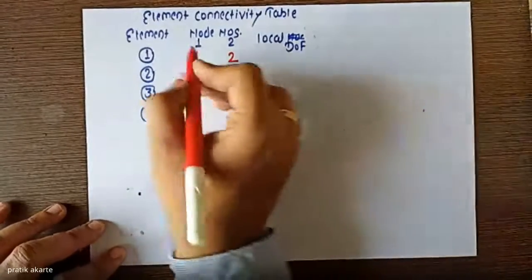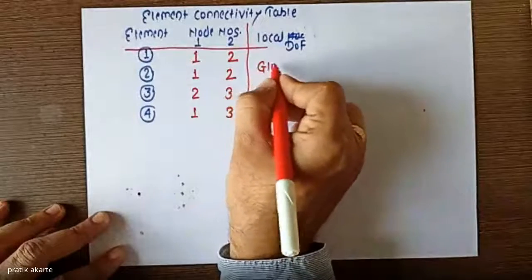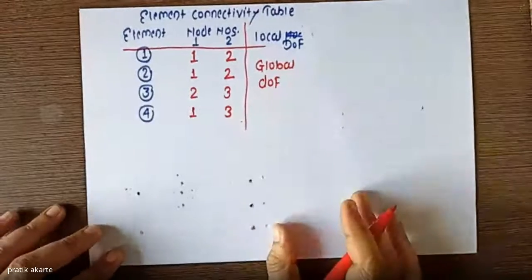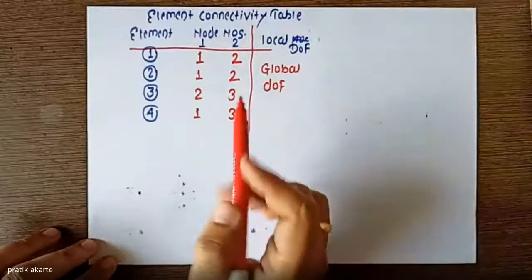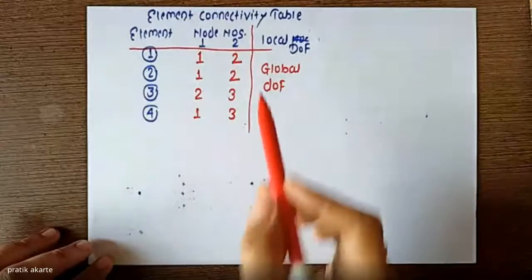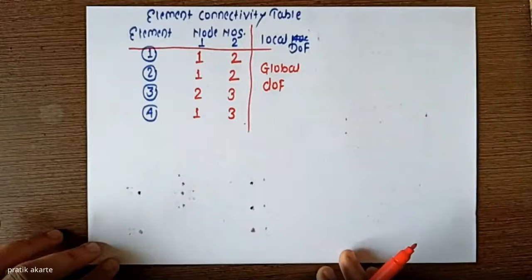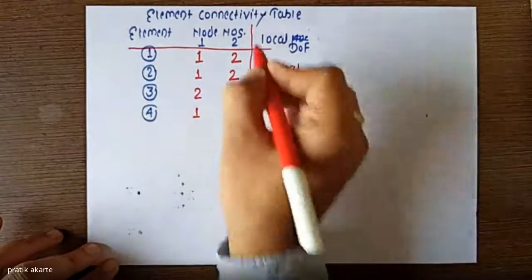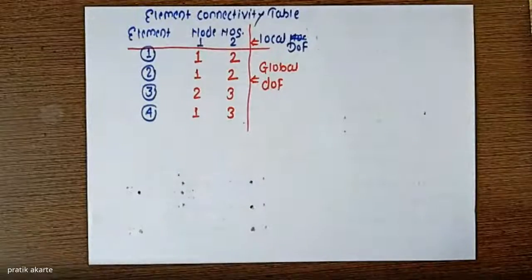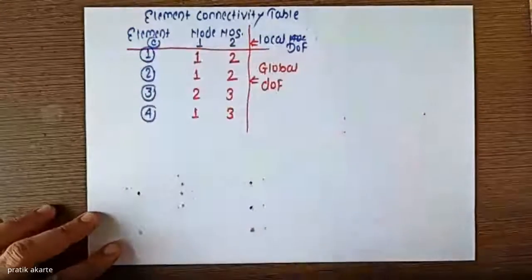So these are your global degrees of freedom. In the previous type of problem, it was 1, 2, 2, 3, 3, 4, 5, 6, likewise. But here, since the arrangement is in a cluster form, it is somewhat changed. Okay, so this is your element connectivity table.